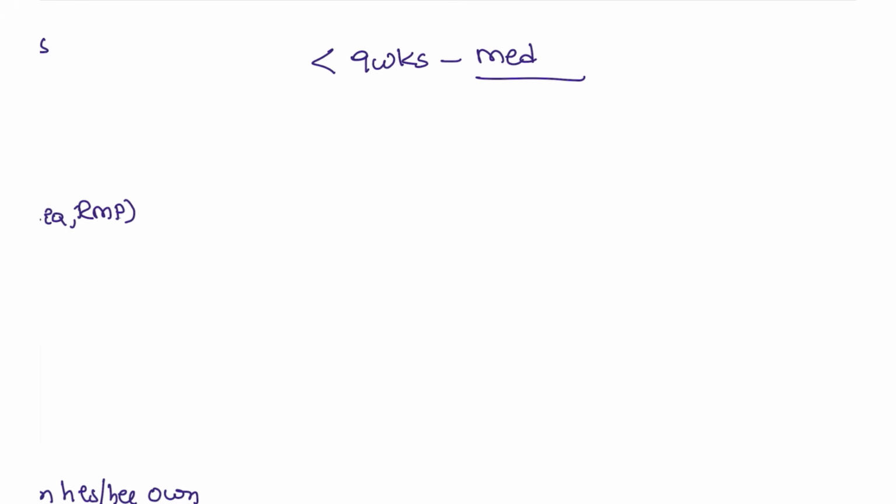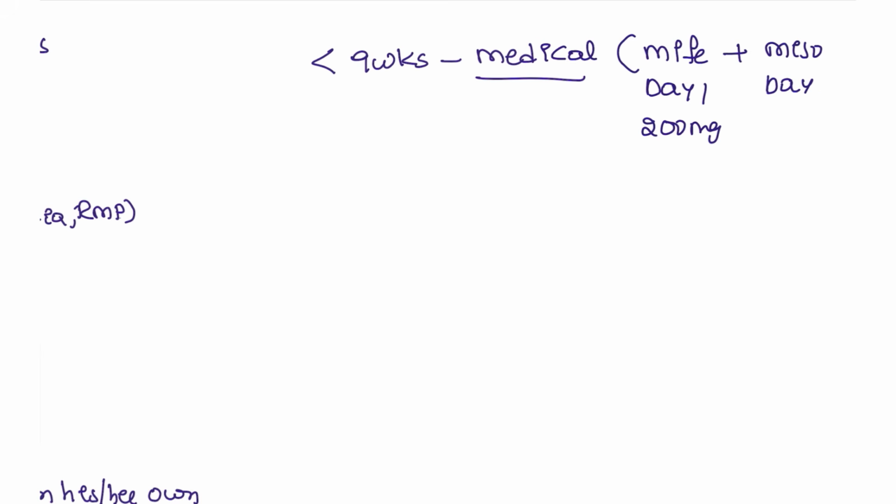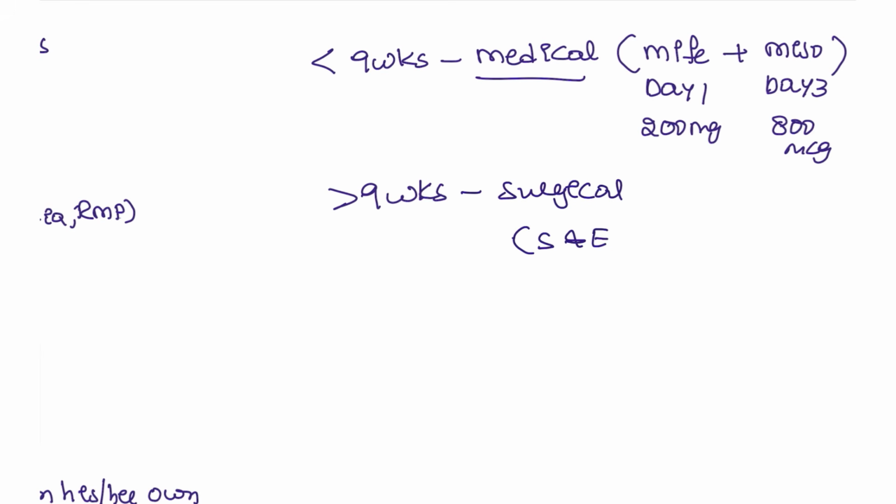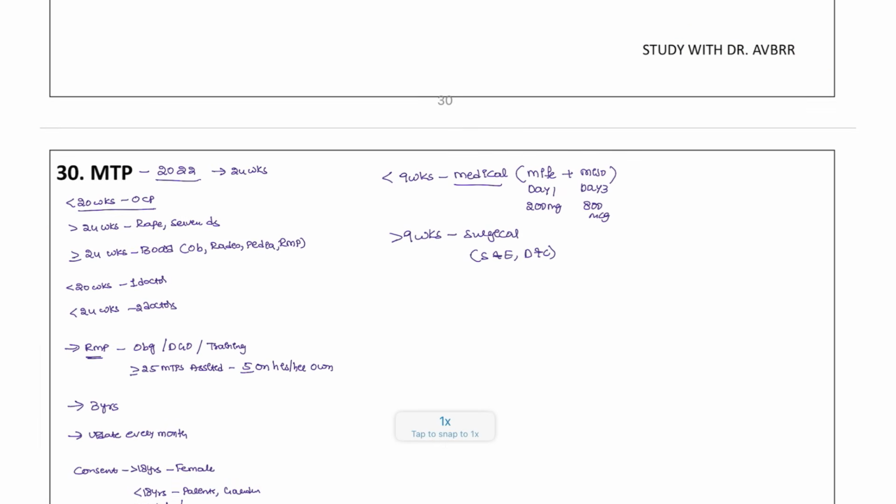In the medical, we give the drugs, right? Mifepristone on day 1, around how much dosage do we give? 200 micrograms, plus misoprostol given on day 3 of 800 micrograms. If it is more than 9 weeks, then it is surgical, and in the surgical, either suction and evacuation or dilatation and curettage can be done. This is for the MTP.